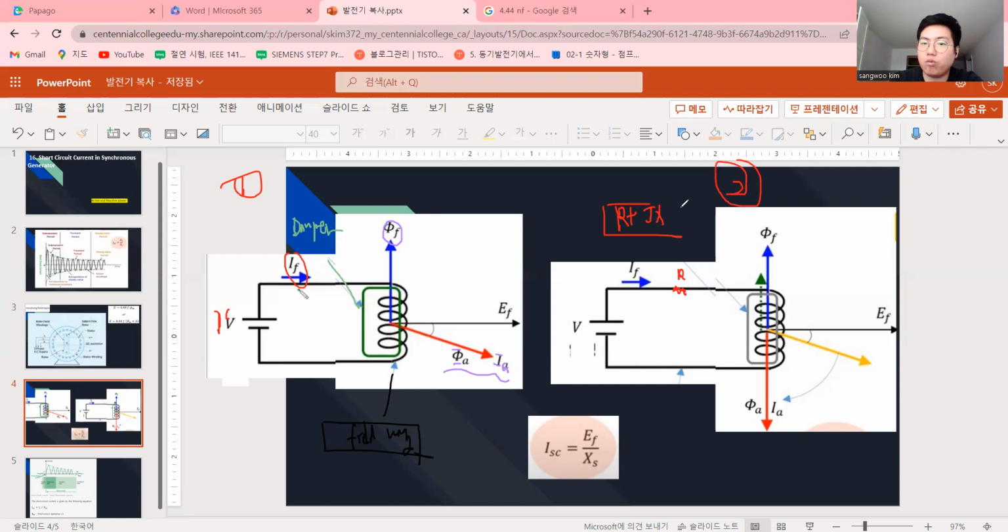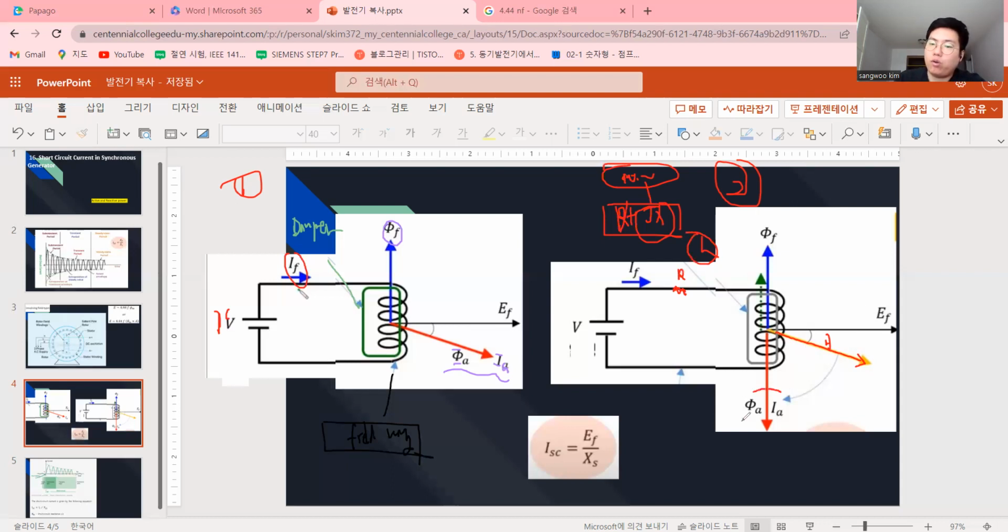But in this case we ignore the R, because jX takes 90% or more of the value. So if it's a short circuit, the armature current, which was at angle theta, has to become almost 90 degrees lagging.